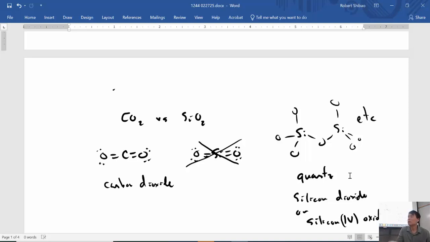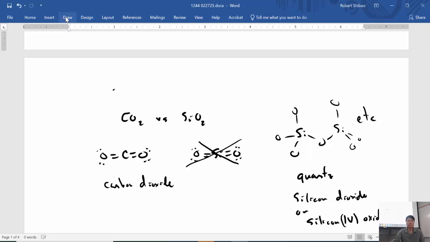Silicon is kind of borderline. So we can use the rules for metal, non-metal, ionic compounds, or we can use the rules for non-metals. Silicon is a semi-metal. So either of those names is fine. But sometimes we even do this for molecular compounds. Even though this is not very common, both these names are quite common for quartz.